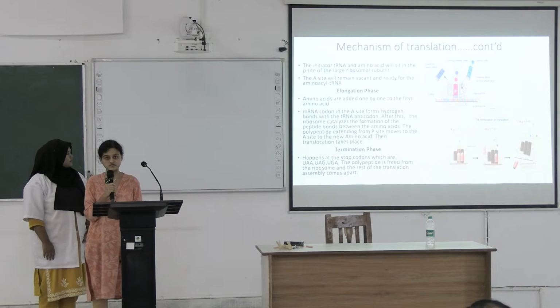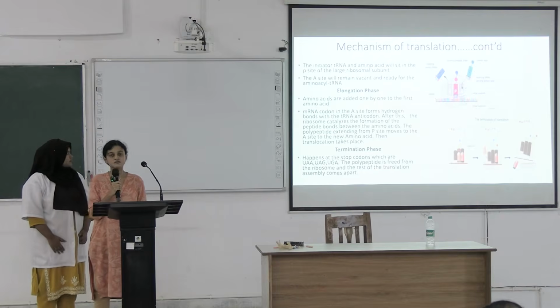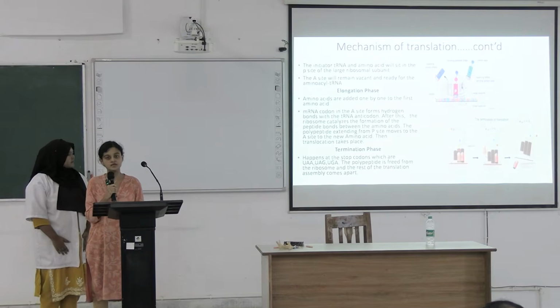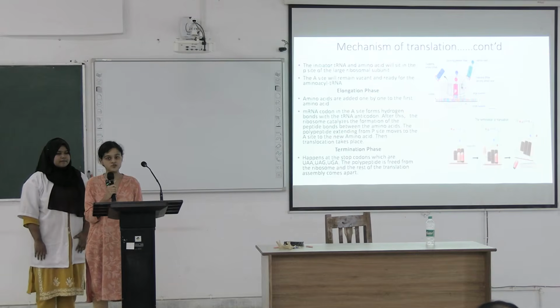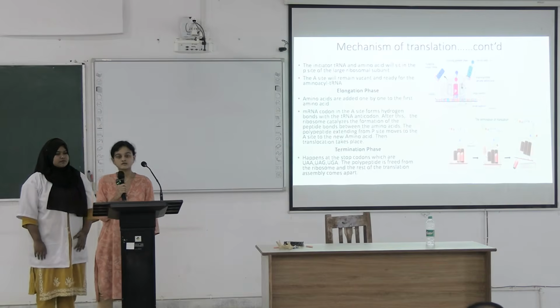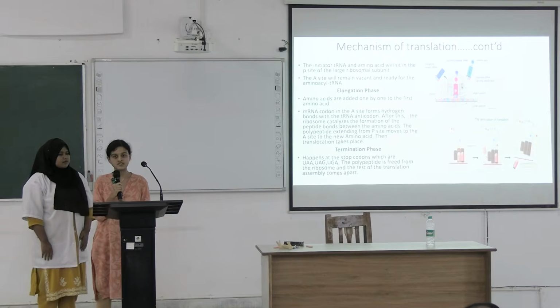Now, elongation. As the ribosome keeps on reading the mRNA, the tRNA keeps on bringing the right amino acid one after the other. And the large ribosome binds these amino acids. Each of these amino acids binds to the polypeptide chain.